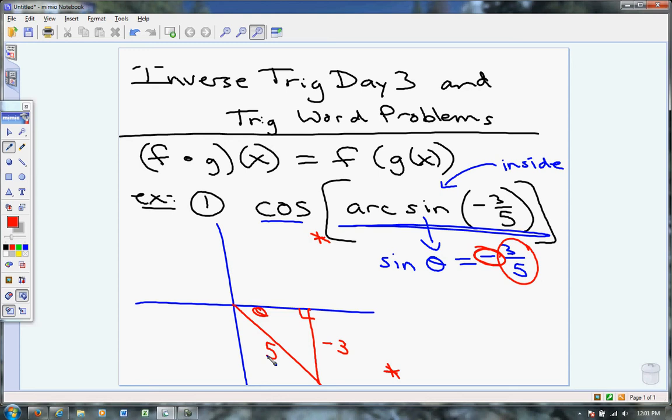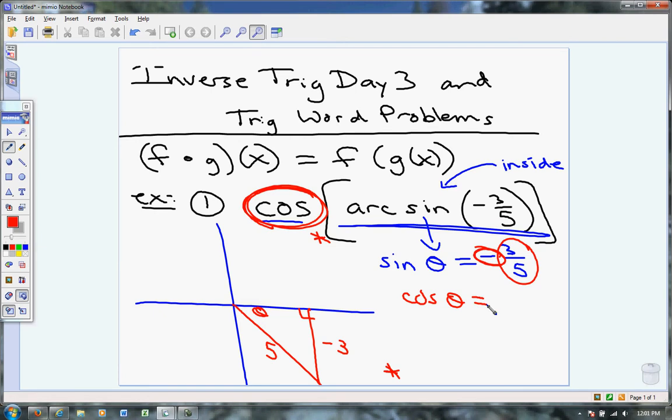The hypotenuse is 5. Now, we're actually getting close to being done with this problem, because we were asked to find the cosine of this same angle. So all I need to do now is find the cosine of theta.